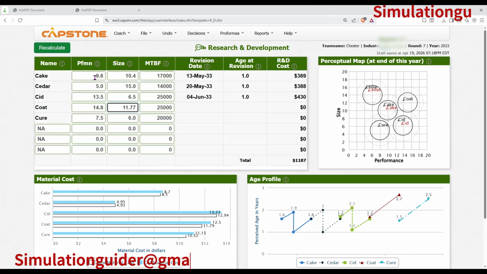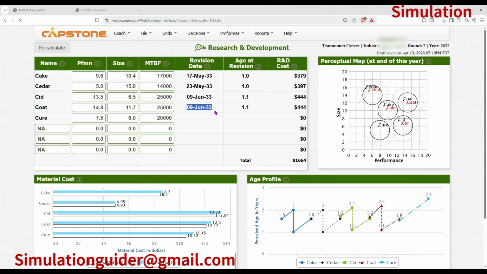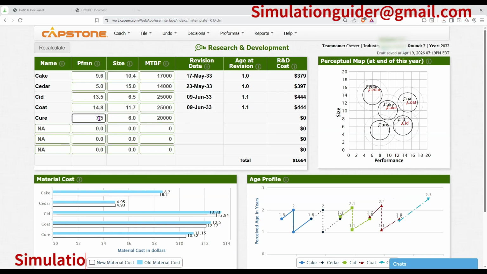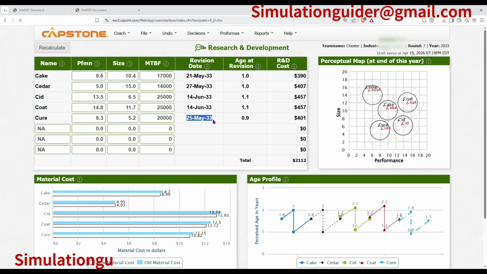After recalculating again, you can see that our revision date is now 9th of June 2033. And lastly, for Cure, which is our last product, I'm going to give it around 8.3 and 5.2. So you can see that the revision date is going to be 25th of May 2033.